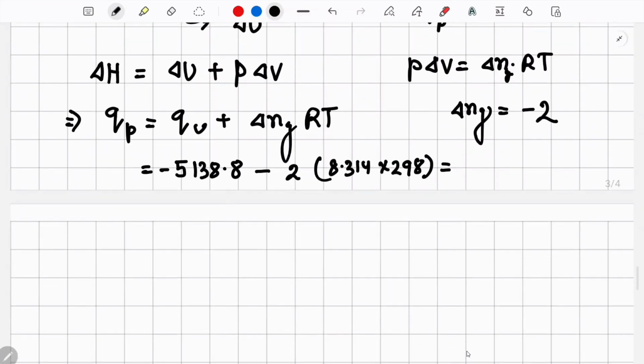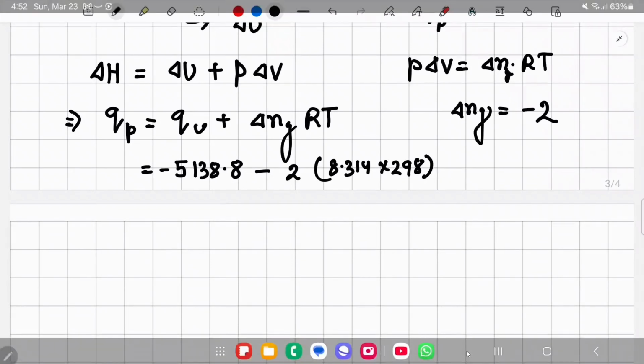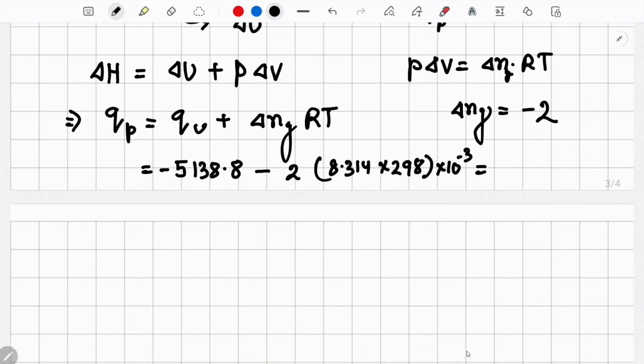So what will be the answer? Minus 10.093 kilojoule. How? I am getting minus 10,093 joule. Why? Sorry, 298 into 2, that's a huge number, sorry. Now you do it.